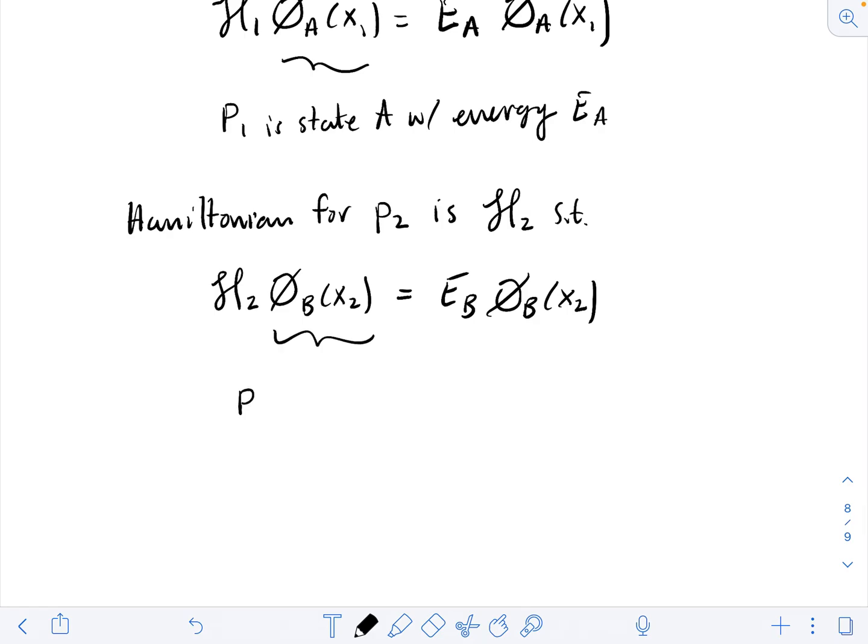And so this is particle 2 in state B with energy EB.